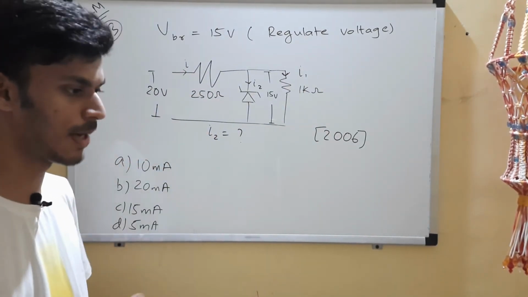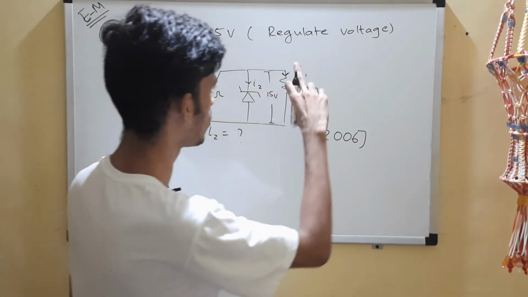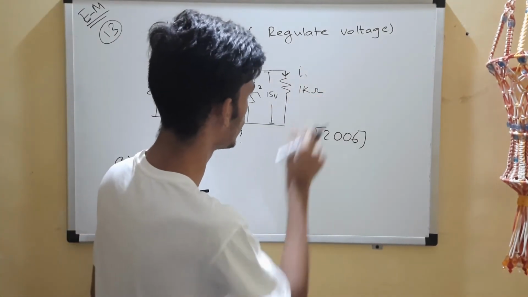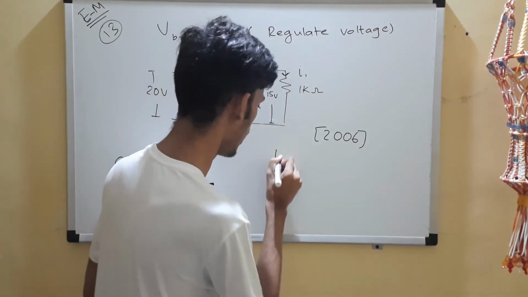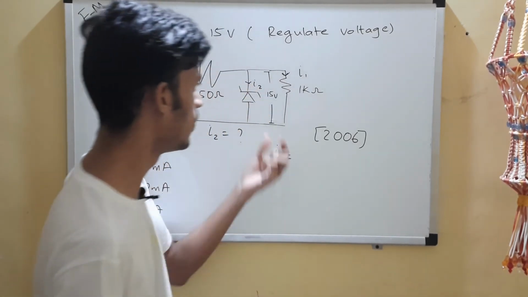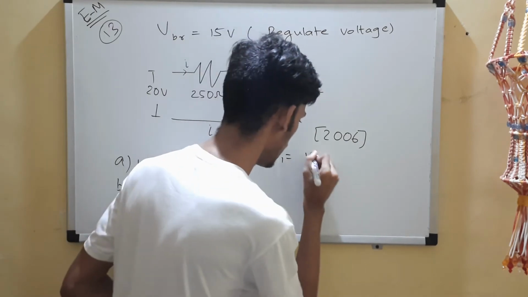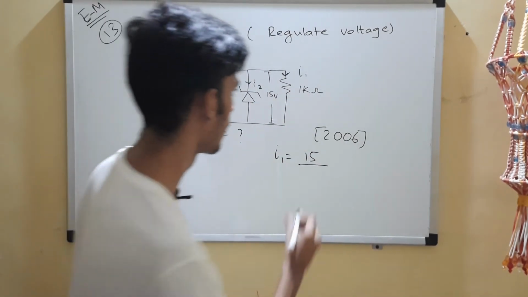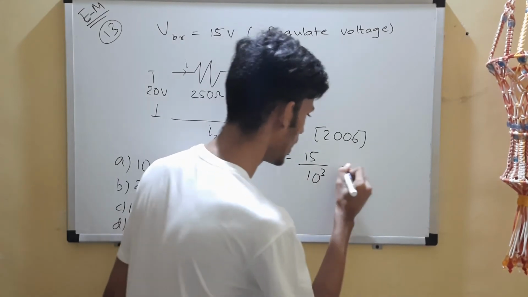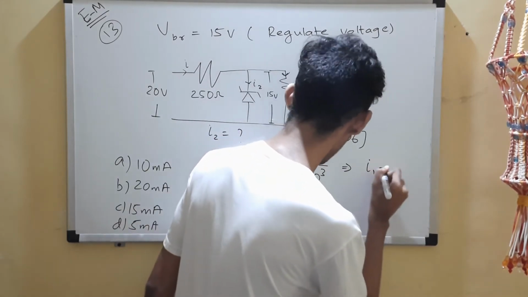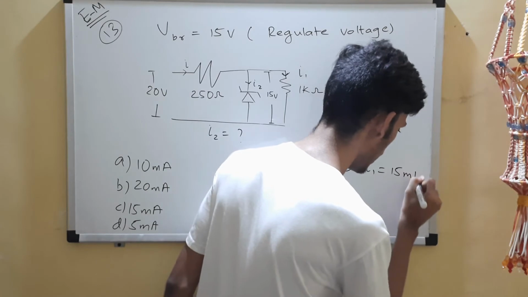The voltage drop in parallel is the same. So the voltage drop across this resistor of 1 kilo ohm will also be 15. So we can write I1 is equal to V by R, 15 by 10 to the power 3, so I1 is 15 milliamperes.